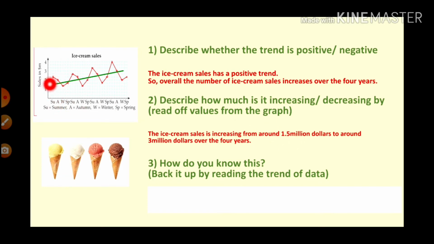It's around 1.5, and it was increasing, and at the end it was almost 3, or just about 3. So the ice cream sales increased from around $1.5 million to around $3 million over the 4 years.